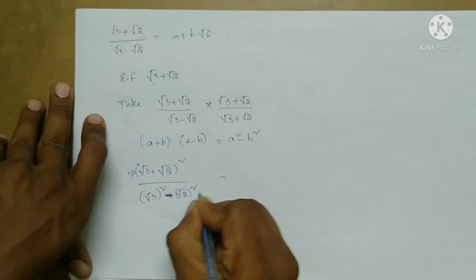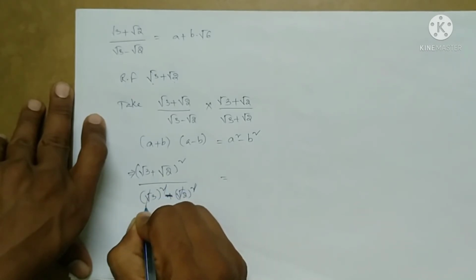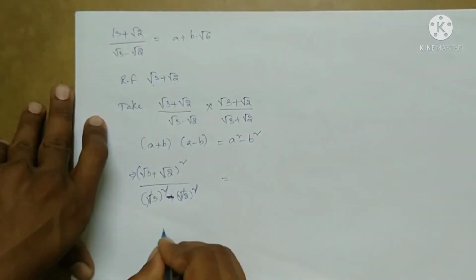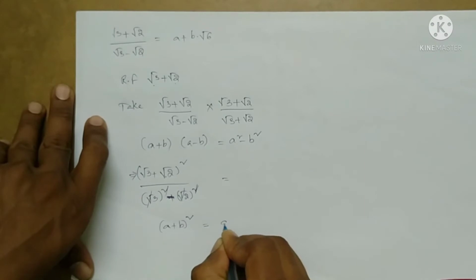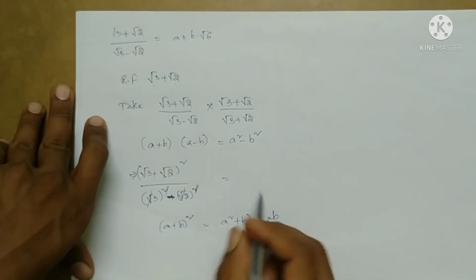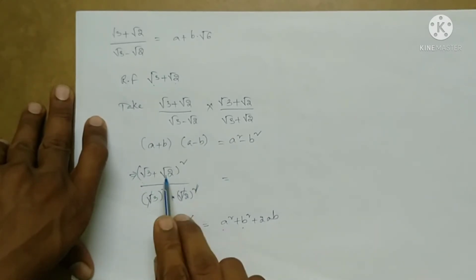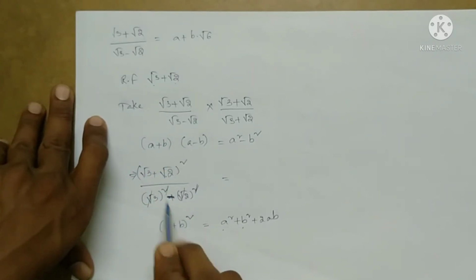So that is equal to, here the square root, both are cancelled. So the numerator is of the form a plus b whole square, right? So a plus b whole square is equal to a square plus b square plus 2ab. Here a is equal to root 3, b is equal to root 2.